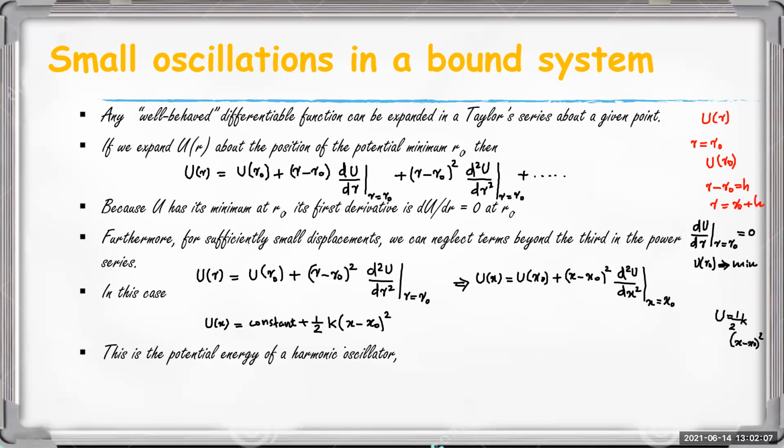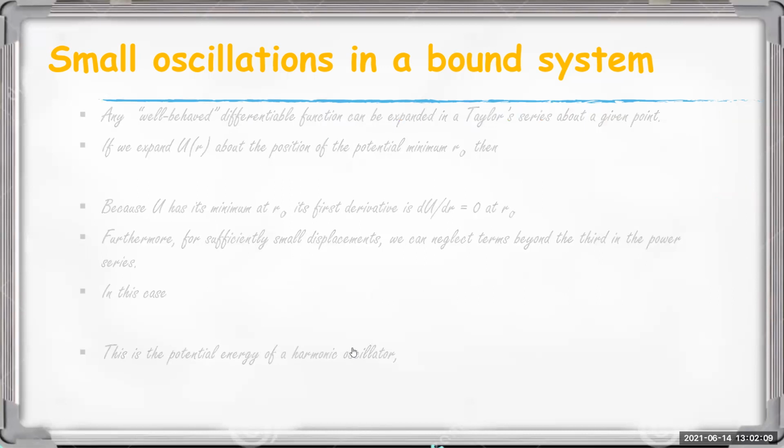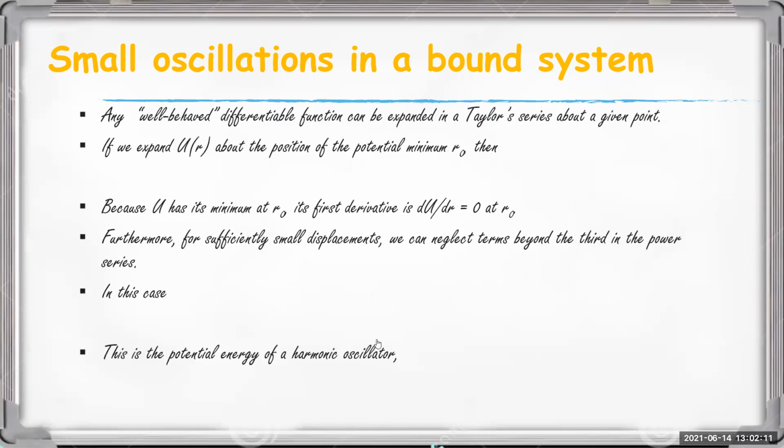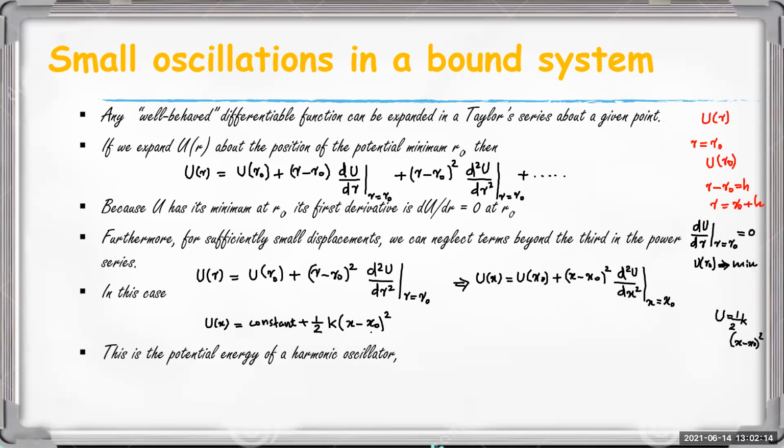Then we compare the two equations. This is the general expression. This is the expression for the harmonic oscillator. What do we get? u of x0, the constant, is known to us.